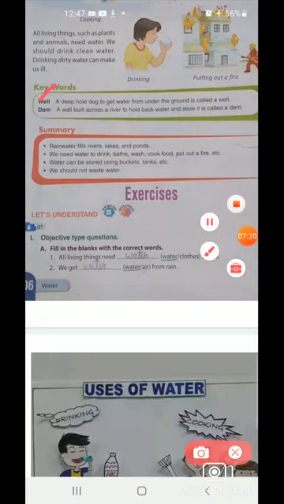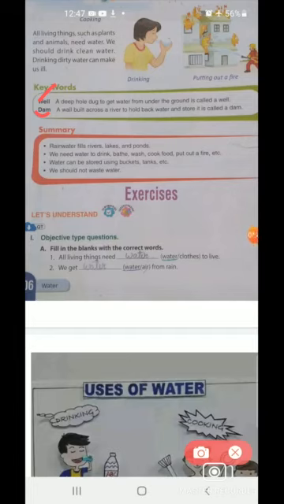And do you know what a dam is? A wall built across a river to hold back water and store it is called a dam.